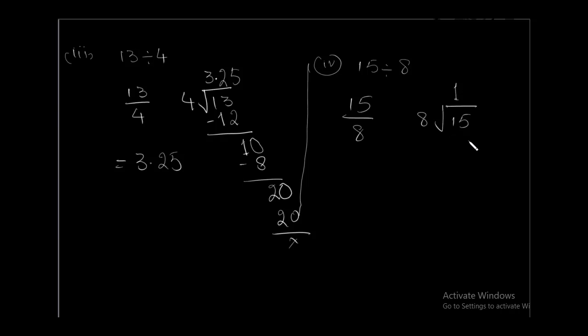We subtract 8 and get 7, and when I write the point over here I get 0, so it becomes 70. So this is 70. 8 9s are 72 and 8 8s are 64, which is close to 70, not more than 70.